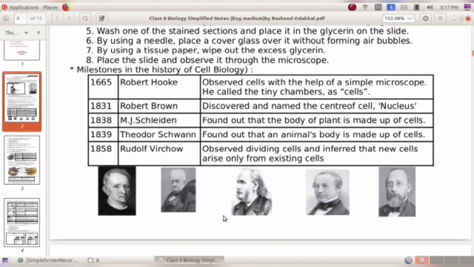Then we are going to see the milestones in the history of cell biology. The first scientist is Robert Hooke, 1665. He observed cells with the help of a simple microscope.